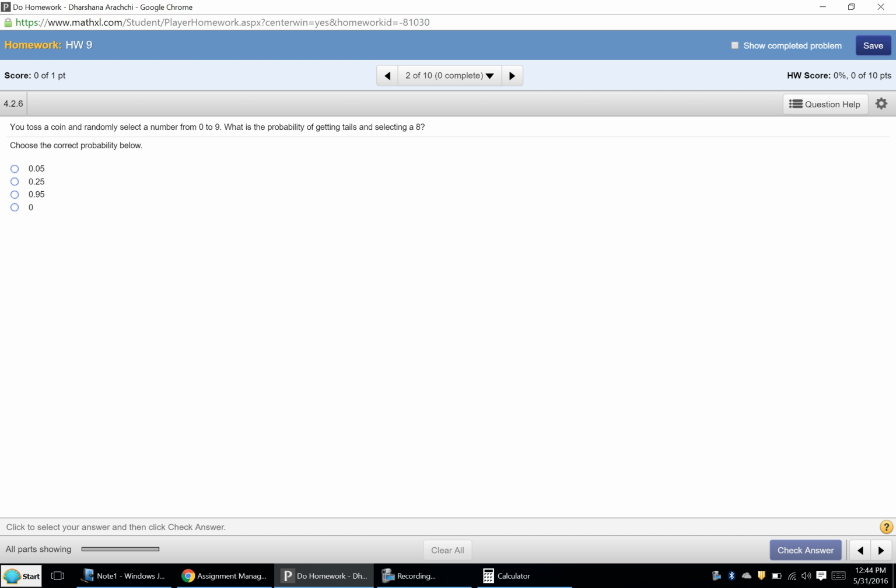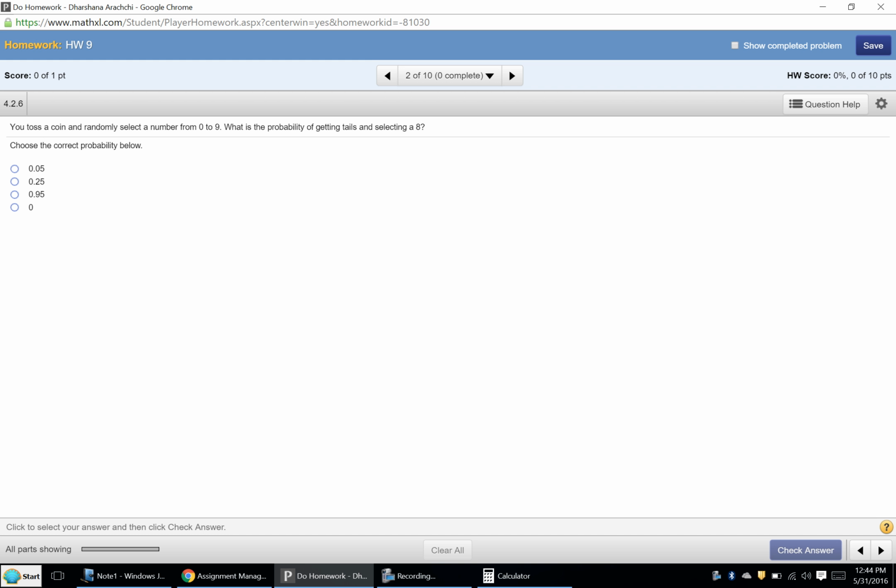Now notice we have two experiments here. One is tossing the coin and the other one is selecting a number from 0 to 9. So first you would write the sample space. From the sample space we can find the probability.